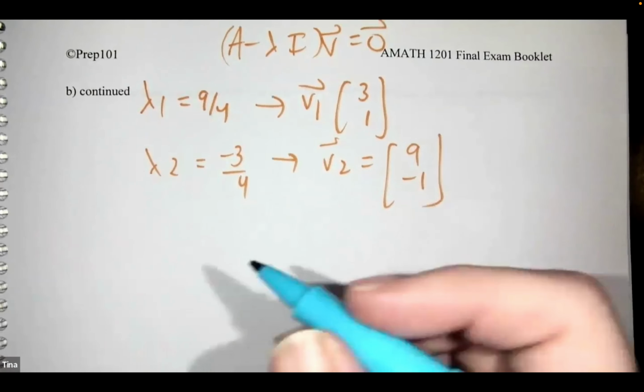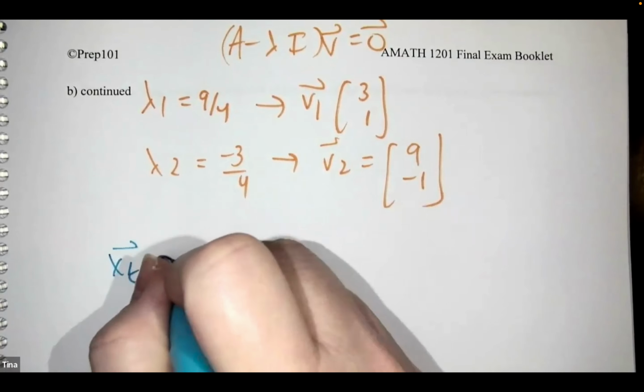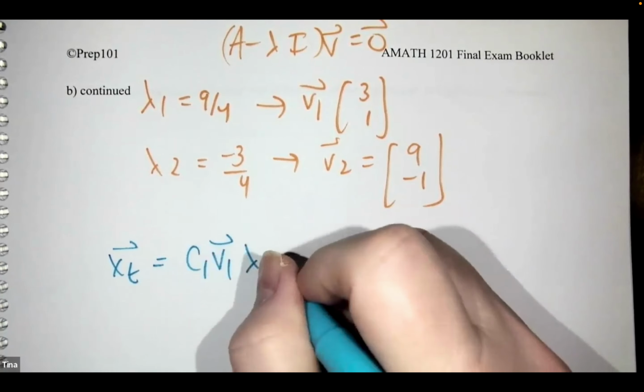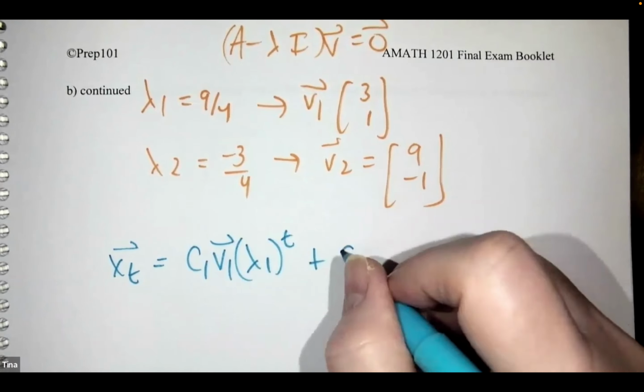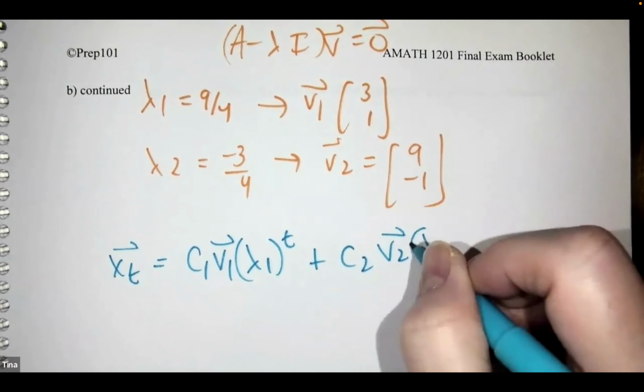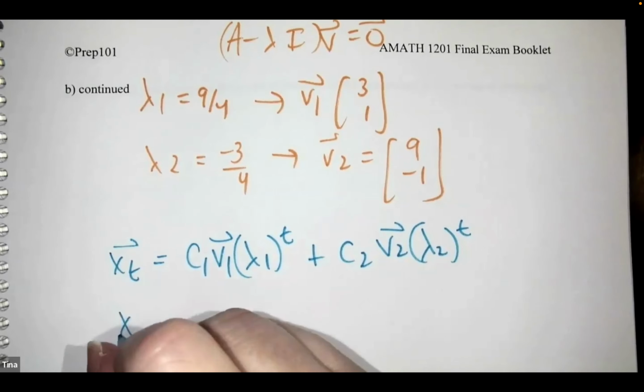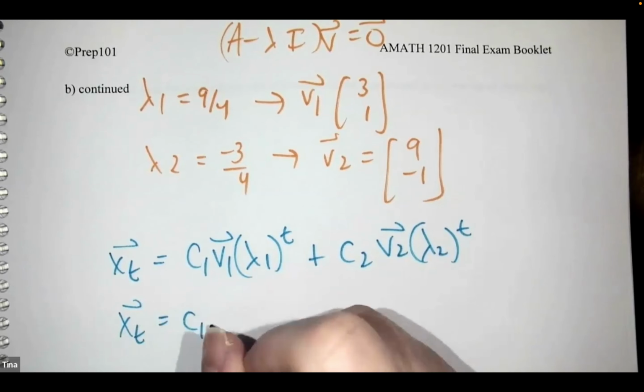Now, once you've got that, it's recursive, right? So we know our formula is C1 V1 lambda 1 to the t plus C2 V2 lambda 2 to the t. And then, of course, just like always, we'd have to find our C's.